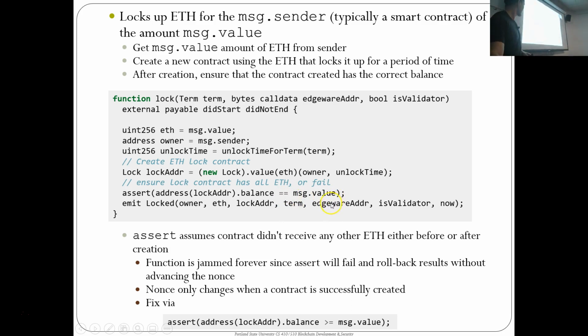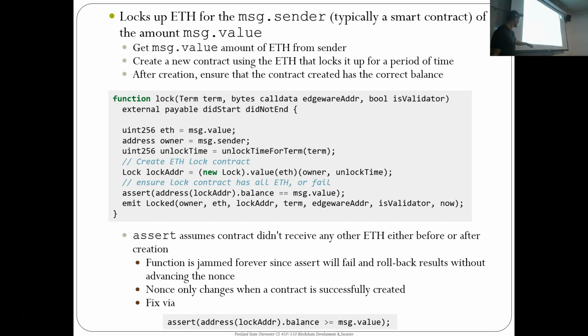Because if you send one ether and someone pre-sends one ether to this address, then this will always fail. And then you've really locked up the entire contract, because then this thing can't work. So that assert assumes that the contract didn't receive any other ETH, either before or after the creation.